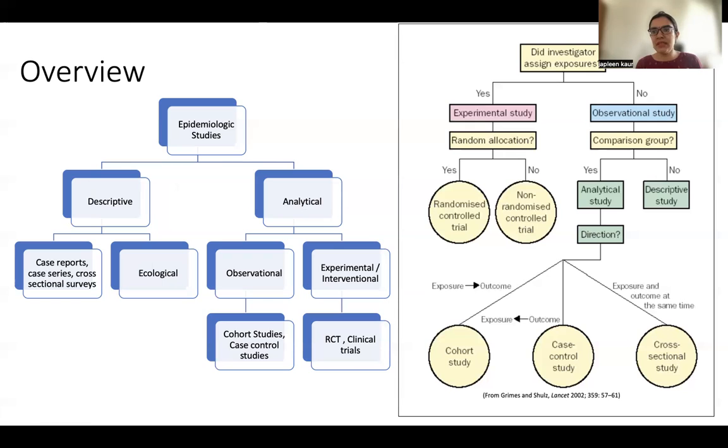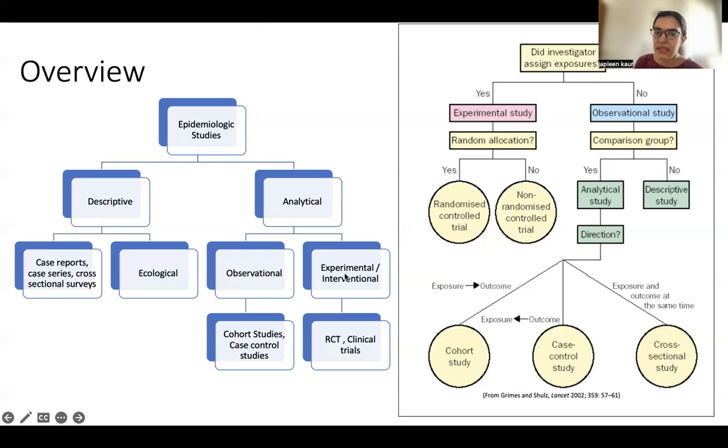We try to make associations between certain risk factors or exposures and their outcomes, which may be diseases in our healthcare setting. The analytical can further be of two types: observational, or experimental and interventional. The observational analytical studies are cohort studies, case control studies, and sometimes even cross-sectional studies can be analytical.